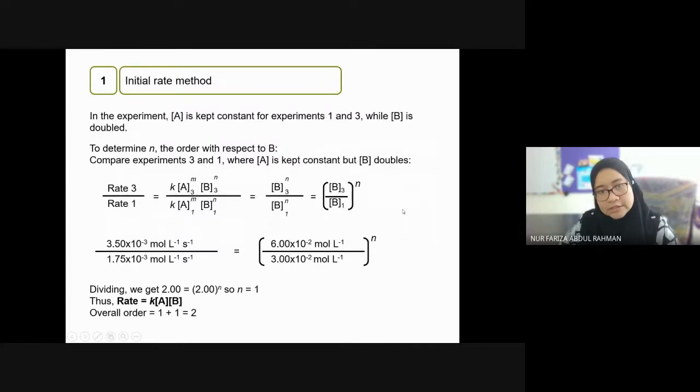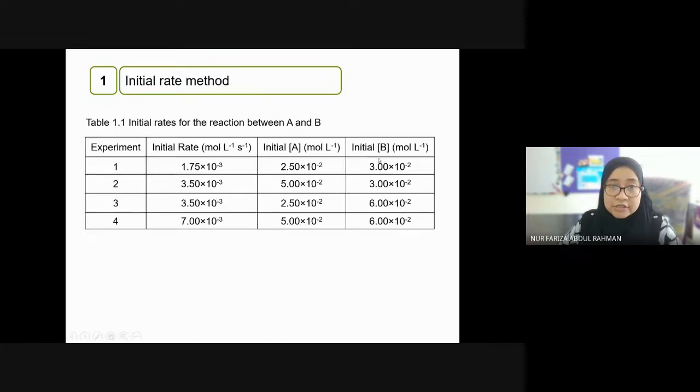For this method, you will be given a set of data, and then you have to determine the order with respect to each reactant in the reaction. If, let's say, we have A and B as reactants, you have to use the data given so that you can find out the order with respect to each reactant.